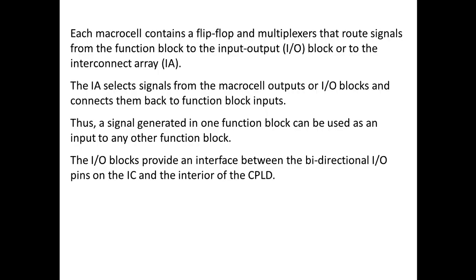Thus, a signal generated in one function block can be used as an input to another function block when we are implementing more complex functions. For example, if you want to implement A XOR B, how many product terms are involved? If I expand, it will be A bar B or A B bar. So two product terms.